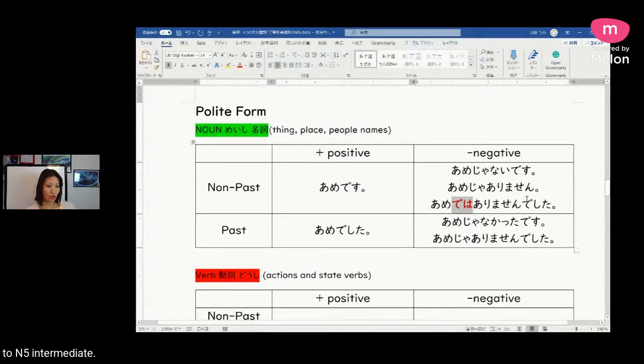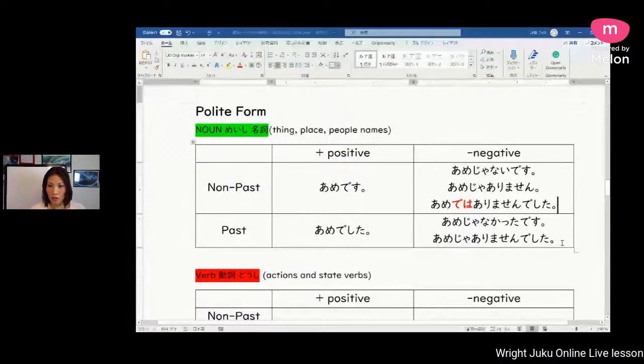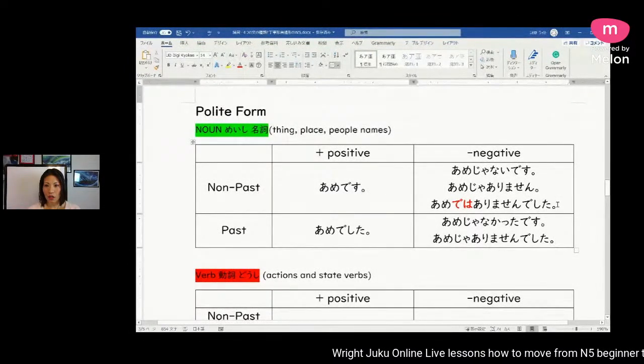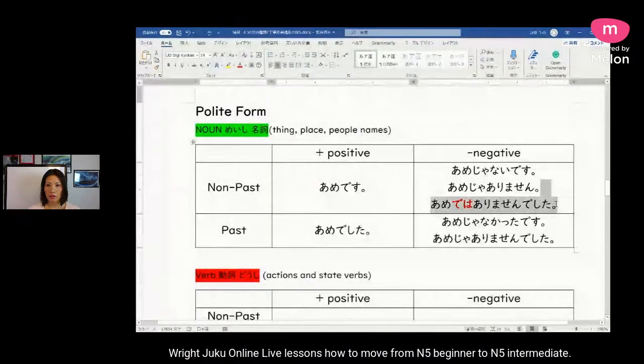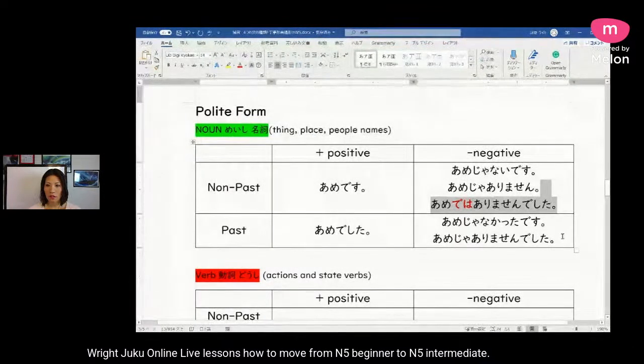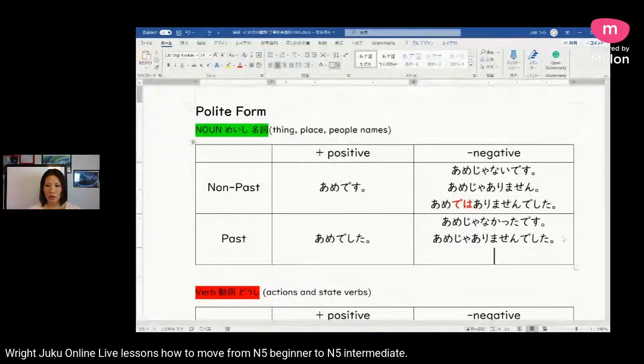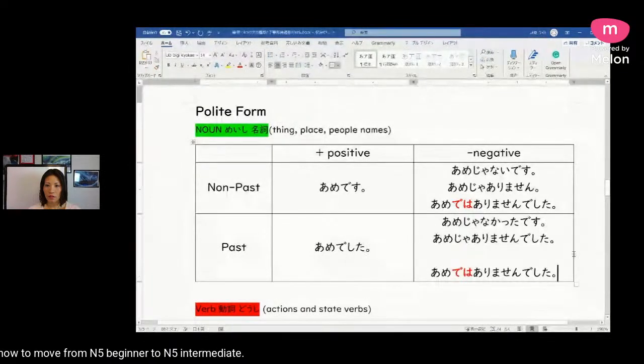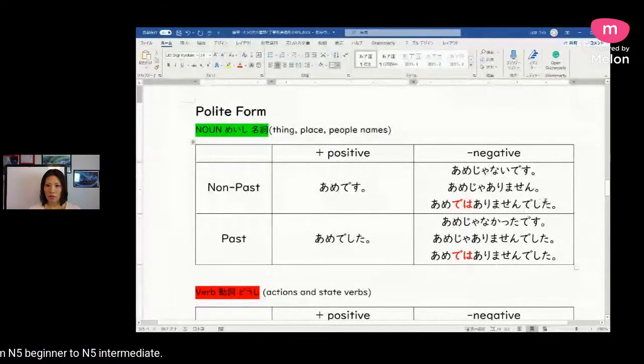So yes, you are correct. 雨ではありませんでした。That you can also use. So here, 雨ではありません。Here, I mixed up. So don't mix up the negative and non-past.